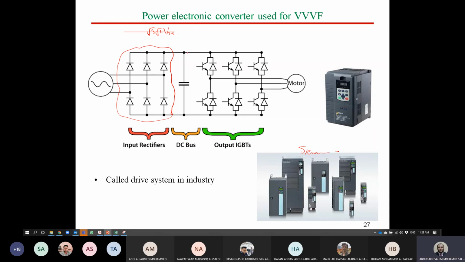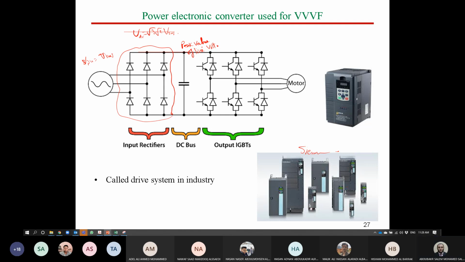If we have here the phase voltage V phase equal to V RMS, then V DC equals square root of 3 times square root of 2 multiplied by V RMS, which is the peak value of the line voltage.